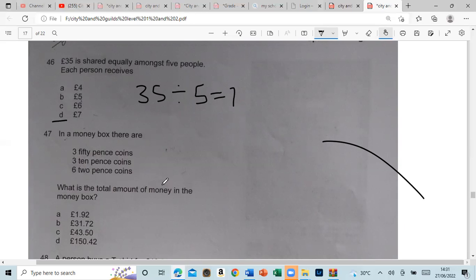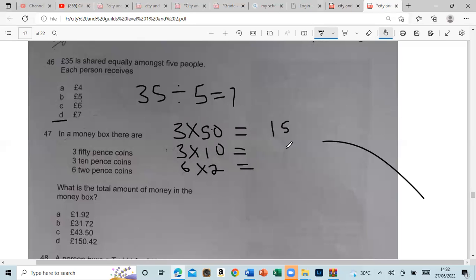What is the total amount of money in the money box? 3 50-pence coins, so 3 times 50 is 150. Guys, remember this is a British exam, right? 3 10-pence coins, 3 times 10 is 30, and 6 times 2 for the 6 2-pence coins.